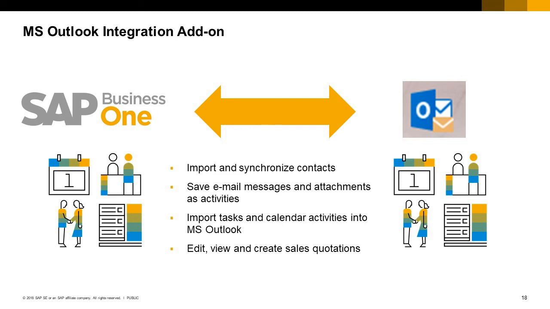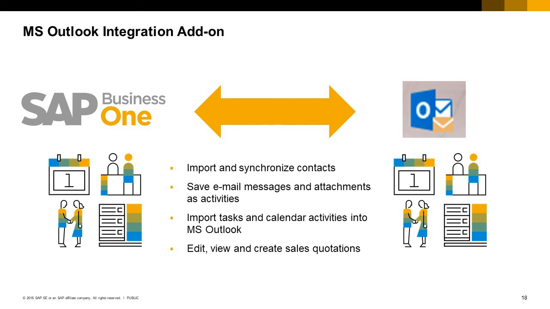What kinds of things can you do with Microsoft Outlook integration? Take a look at this list. Import contacts from SAP Business One and synchronize them with Microsoft Outlook. Save email messages and attachments as SAP Business One activities. Import tasks and calendar activities created in SAP Business One into Microsoft Outlook.